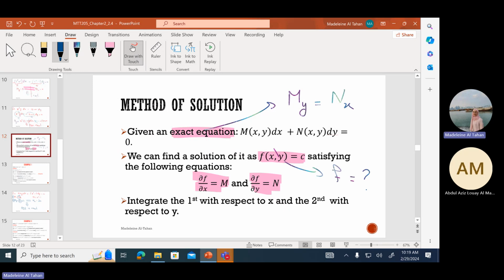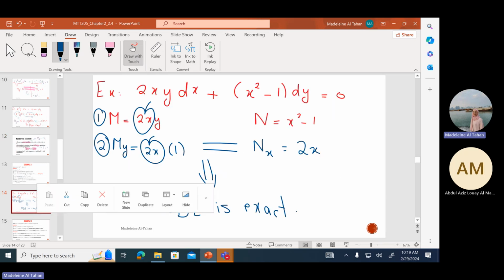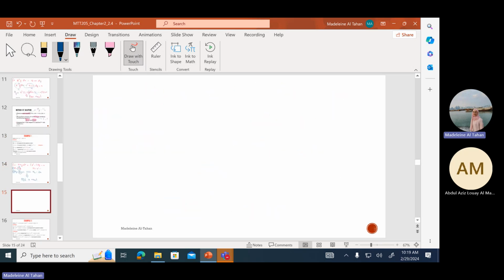Okay, miss? So the third step now: f equals c is the solution of the ODE, and what's our aim? Find f, right?